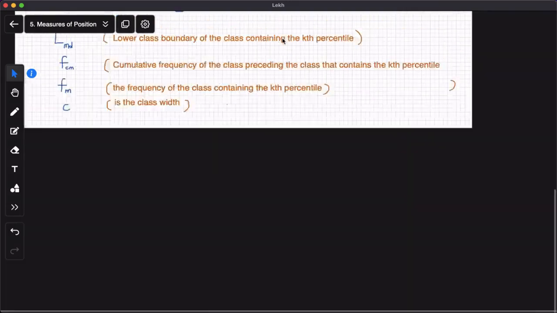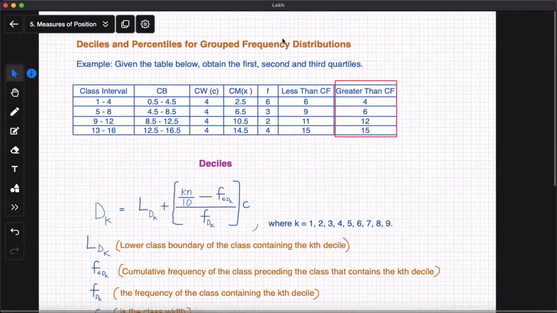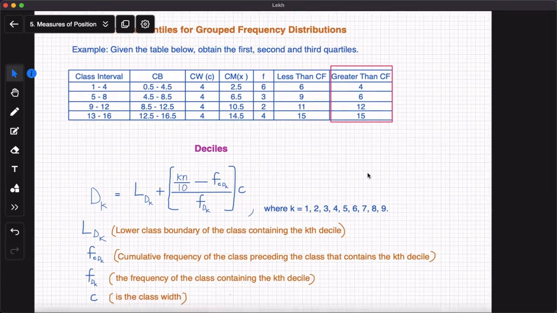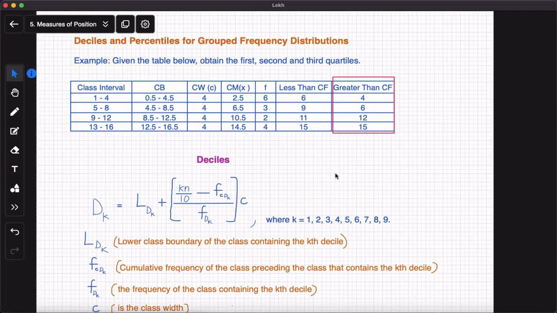All right, how do you now obtain deciles and percentiles for grouped frequency distributions? If you understood that of the quartile, then you can use that knowledge here. Don't forget that when we did the quartile, for instance, Q2 was L plus Q2.